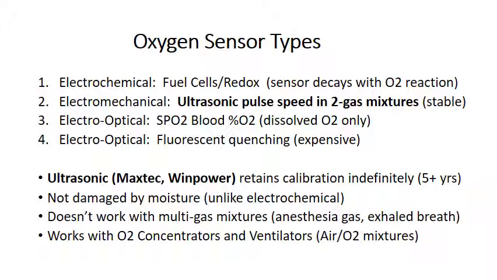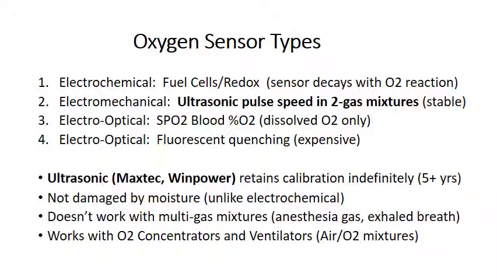Now, the electromechanical ultrasonic type has a lifetime which is indefinite, although it's guaranteed at least 5 years. It's because it uses the difference of speed of an ultrasonic pulse in two gases. Well, fortunately for our purposes, air is basically just two gases: 78% nitrogen and 21% oxygen, with trace amounts of argon, but the argon does not significantly impact the mix of gas.